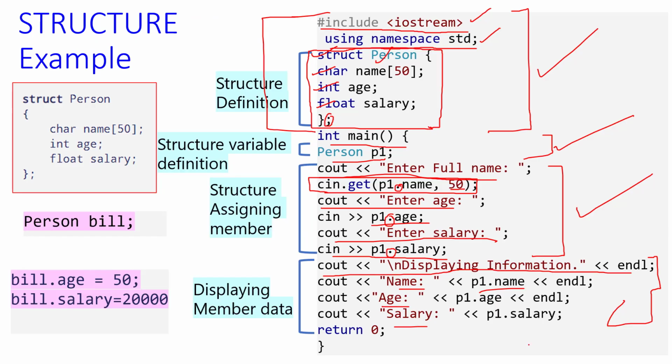In that way, we can define a structure, define the structure variable, assign the values to the structure and display the values. So this is just an introduction problem to structures.